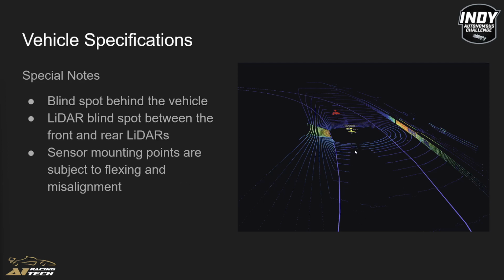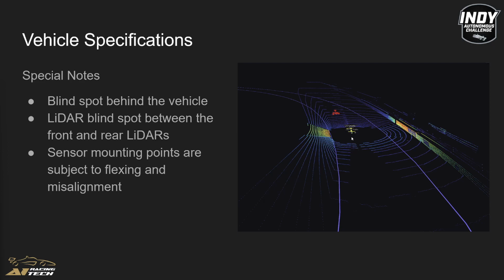This could be a detection problem if in the future, for any reason, the IAC decides that the car in front has responsibility to actually detect a car that's immediately behind it. But so far, that hasn't been a concern, and it is purely okay right now for us to even lose detection in that range with the opponent vehicle.